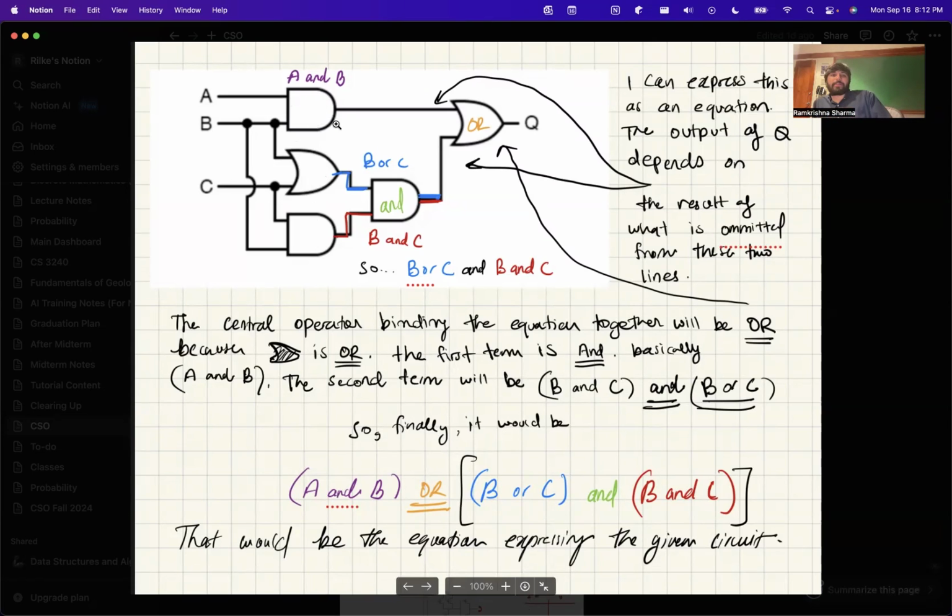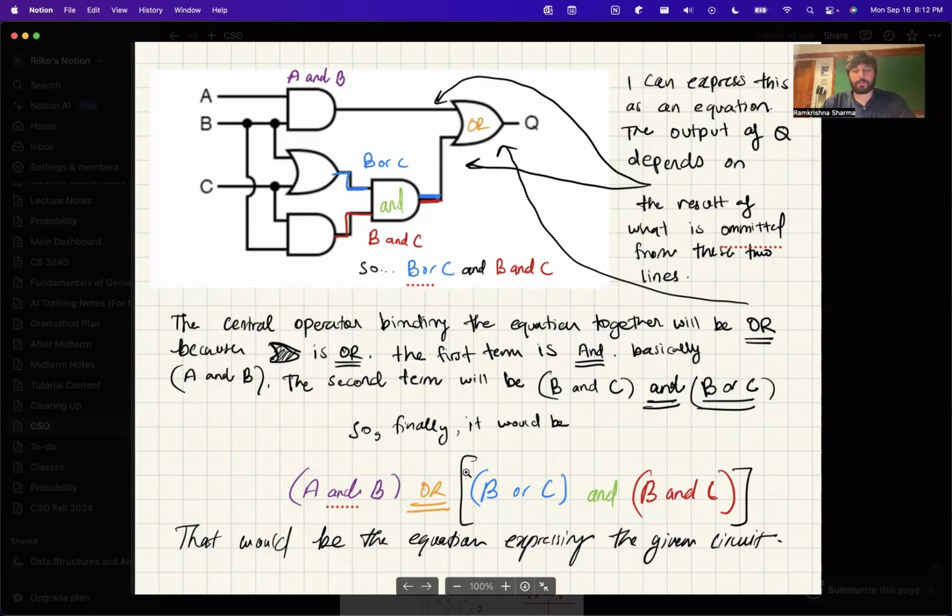So it seems like A and B is standalone, right? That's going straight to OR. We know that things that are ORed are added, right? So eventually the dominant operation that's going to connect all this together is the OR. On one hand, you'll have A and B. On the other hand, you'll have this larger bracket where B or C and B and C are being bounded together by an AND, right?